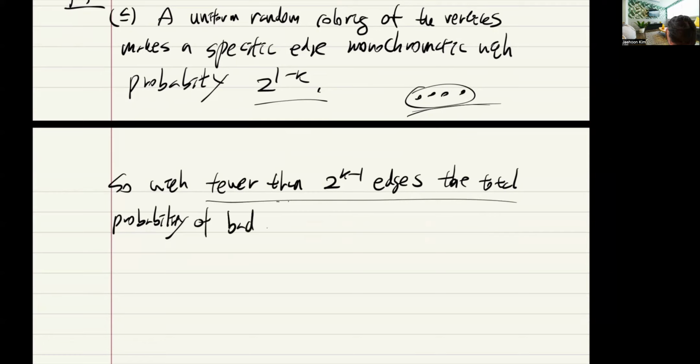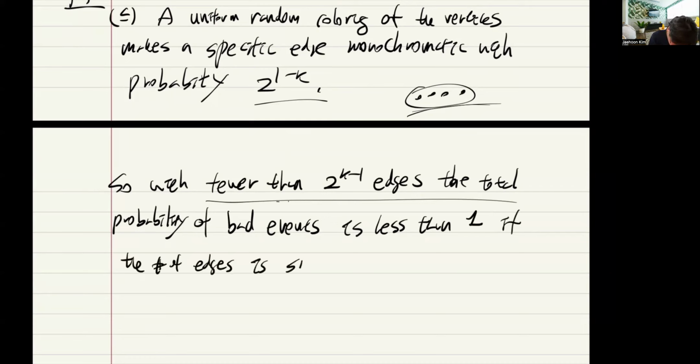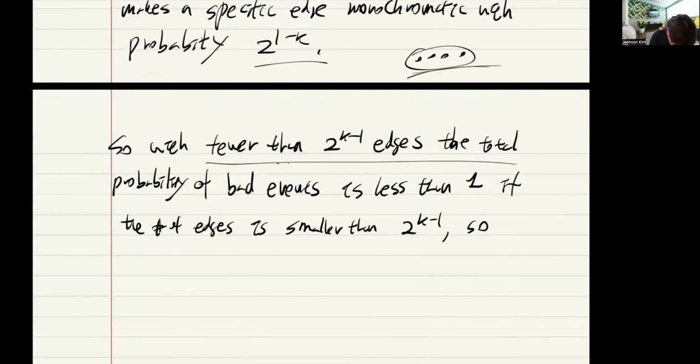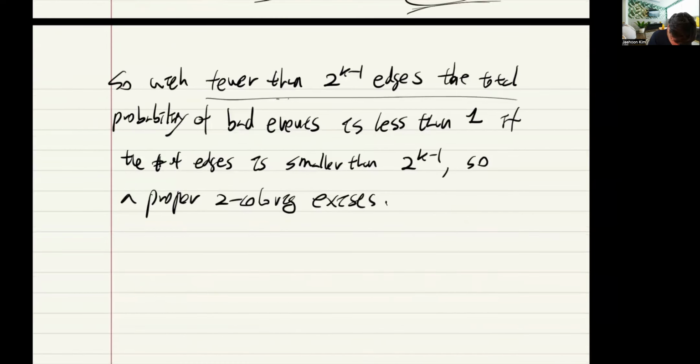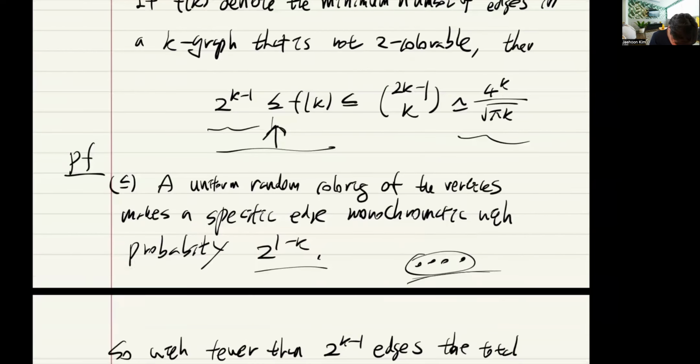The total probability of these bad events is less than 1 if the number of edges is smaller than 2 to the k minus 1. So a proper two-coloring exists. So that shows this lower bound.